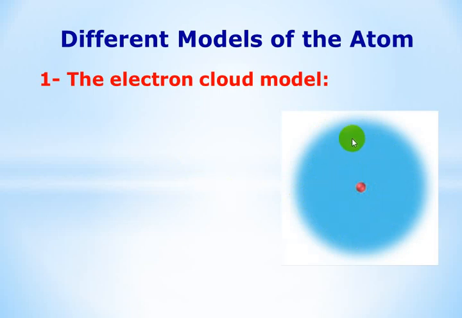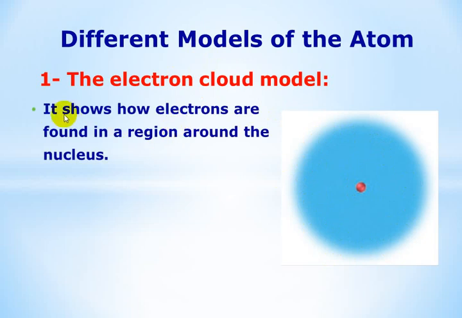This is the electron cloud model of the hydrogen atom, as it has only one proton and one electron in this space. So the electron cloud model shows electrons are found in a region around the nucleus. The electron may exist in any place in this region.